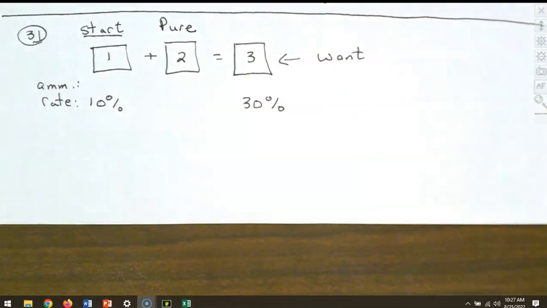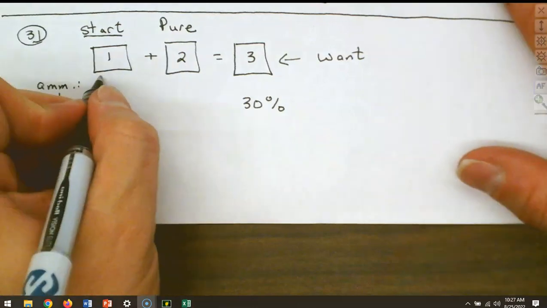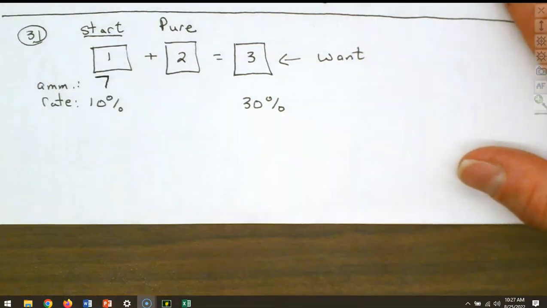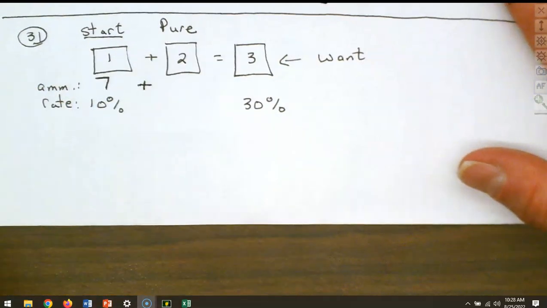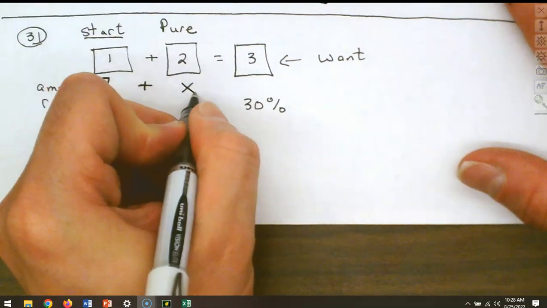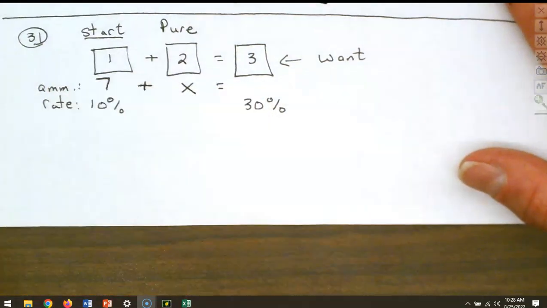Now let's look at the amounts. How much pure alcohol should be added to 7 liters of a 10% mixture? So the 7 liters of the 10%, that's going to go here. It doesn't tell us how much pure we have. So for the pure, we have an unknown amount X. So we don't know what that is.